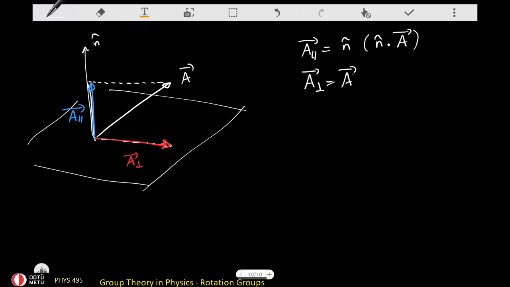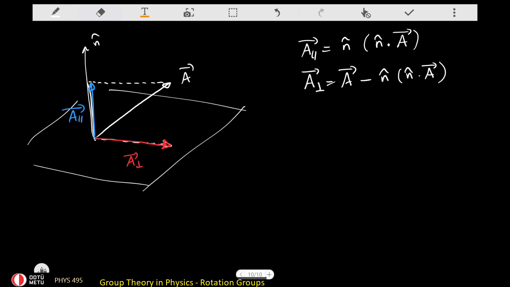So therefore, this is A minus n times n dot A. You can also think of it like that. This is actually minus n cross n cross A, but these kinds of descriptions might be a little bit more complicated than these. In any case, we are going to, of course, come back to that.